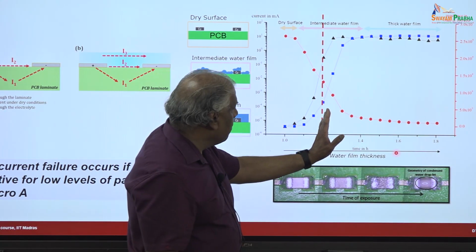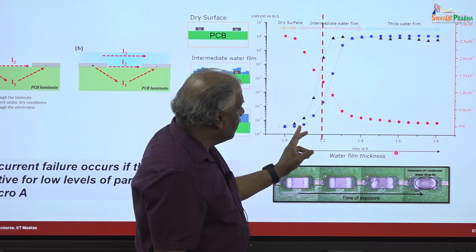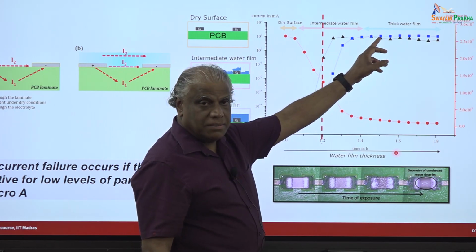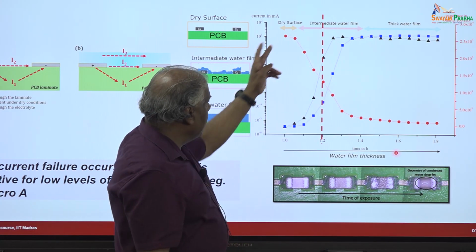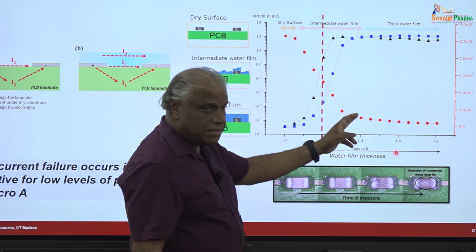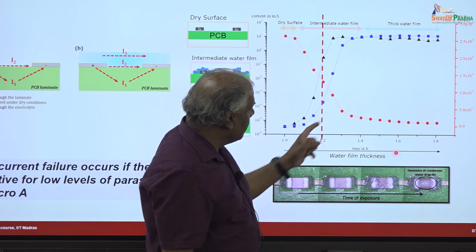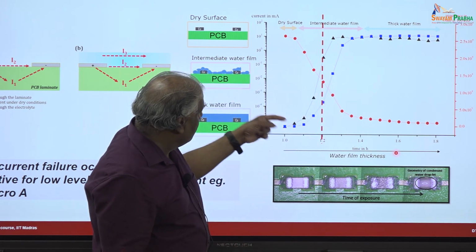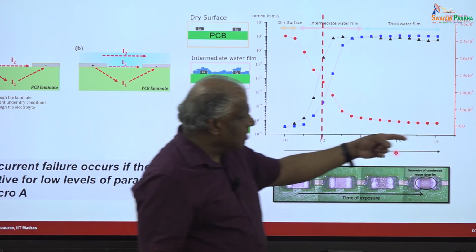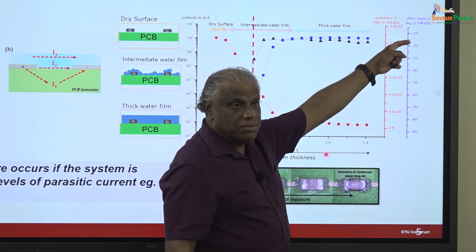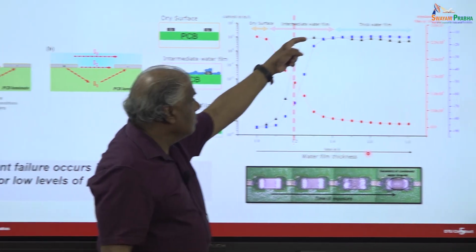But then you come to a point here where suddenly leak current is increasing. Correspondingly, the impedance of the water film is decreasing. If you look at the phase angle, for the water film from the impedance it is around 90, and that shifts to almost 0 under this condition.